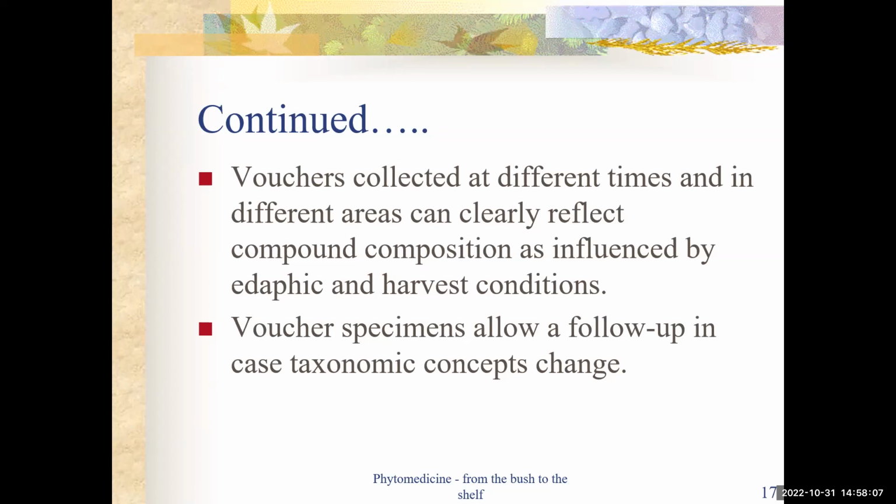For example, I'm working on a particular species, Dodonaea, and you find that when you get it in different geographical areas, it has different chemicals or chemicals in different concentrations. So it's important to show where you've collected. So don't just say, because I'm collecting Dodonaea, I can just pick up one specimen, but I walk around the whole country. You need to get all those different vouchers.